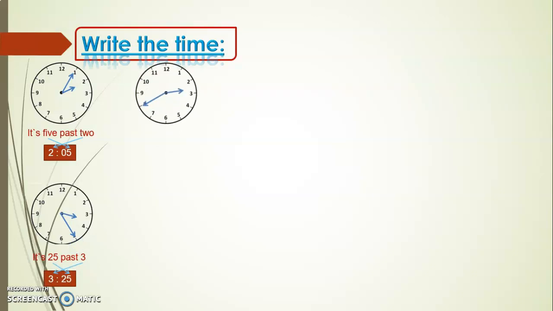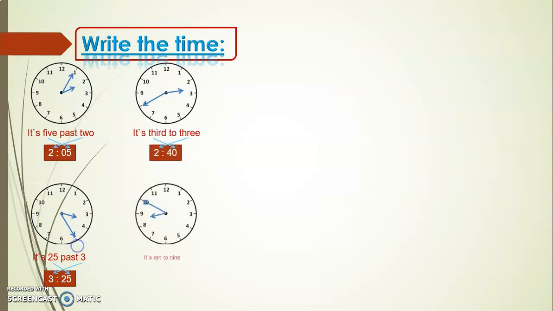Here in this clock, my short arm is between 2 and 3 and my tall arm is on 8. So it will be twenty to 3. And in digits, we will minus 1 because my minutes are in the "to" part, it will be 2:40.